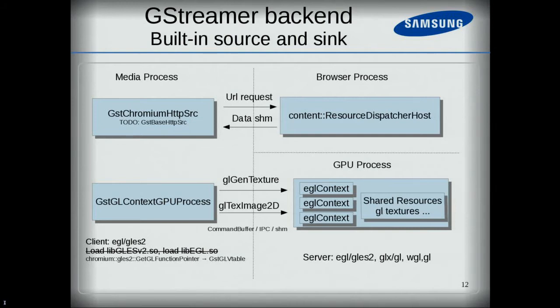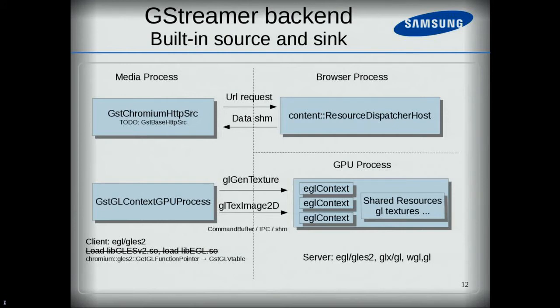For GL, it's a bit similar, but on the bottom it's not a built-in element, but a built-in GstGL context. So we inherit this, and we call it GPU process. In the normal GstGL, outside of Chromium, to use GL, it knows all the signatures of the GL functions.